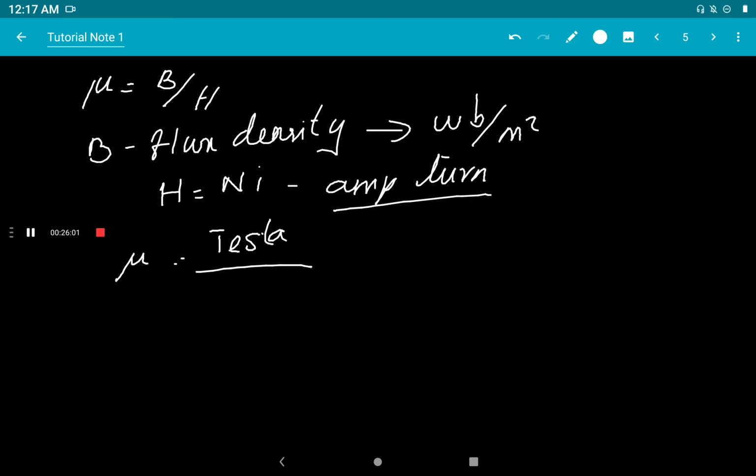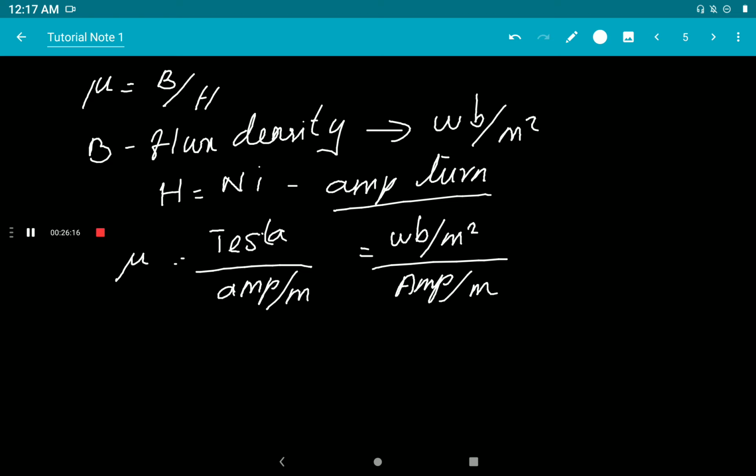So we write this as Weber per meter square divided by ampere per meter. By simplifying this, we get Weber per ampere meter.